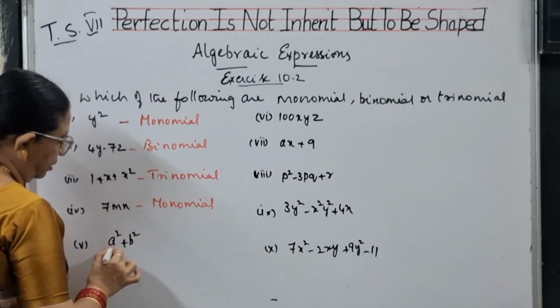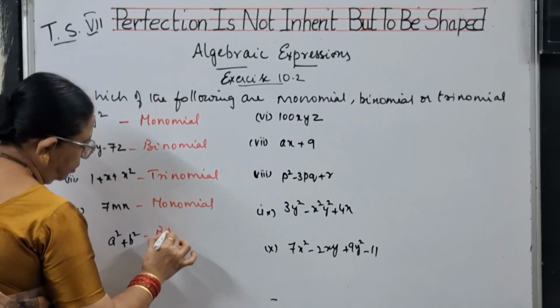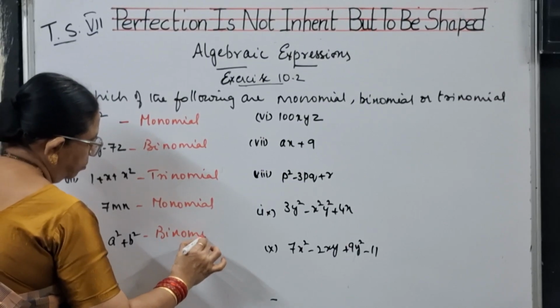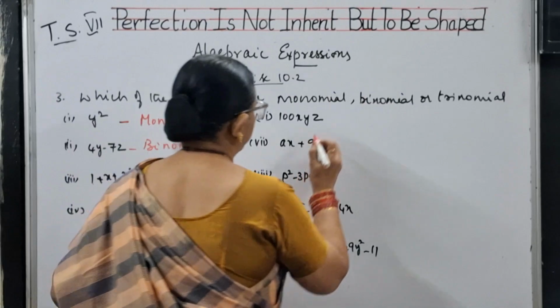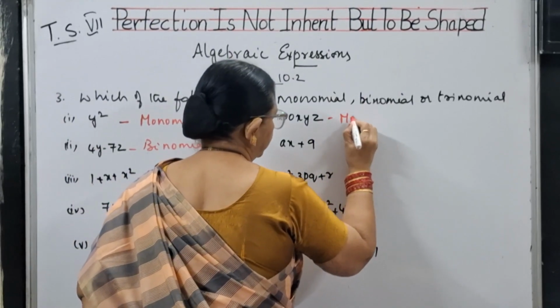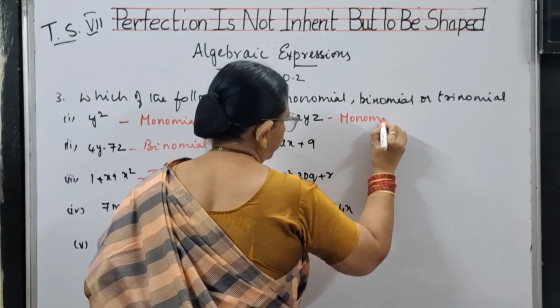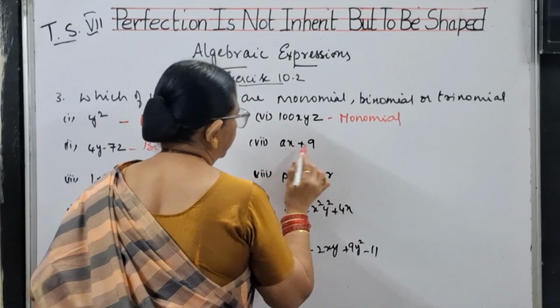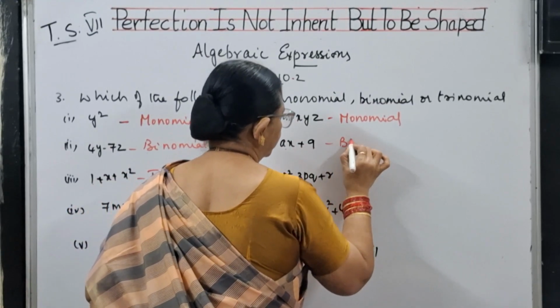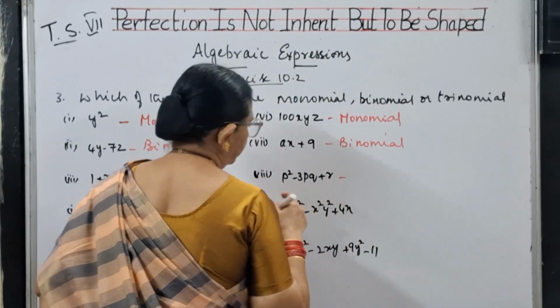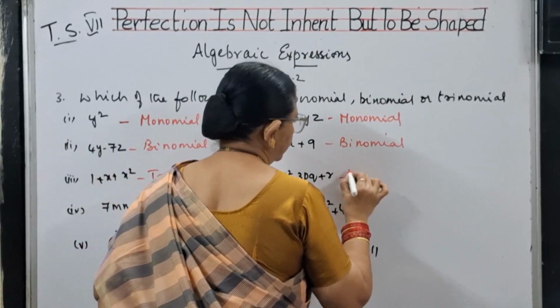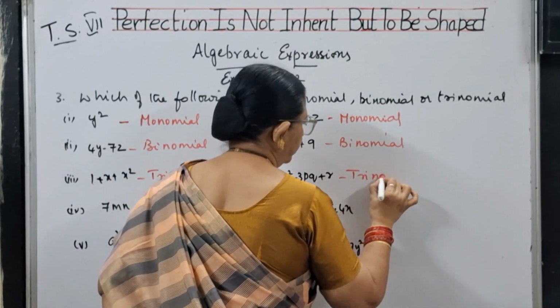So it is a monomial. It is having two terms, so it is a binomial, and this is having only one term, so it is a monomial. This is having two terms, so binomial, and this is having one, two, three terms, so trinomial.